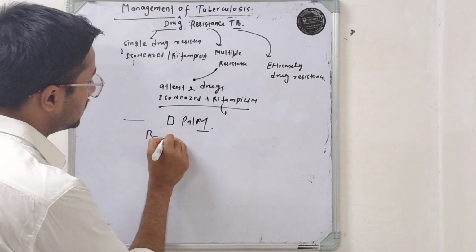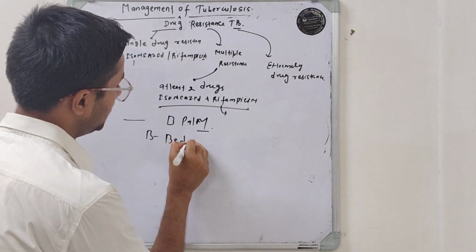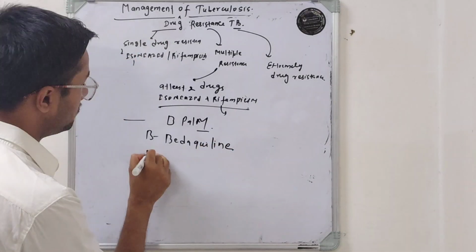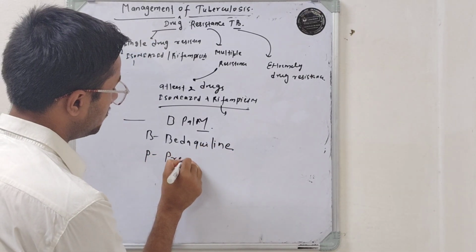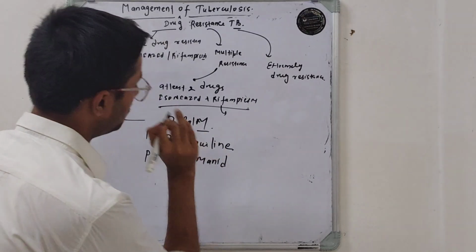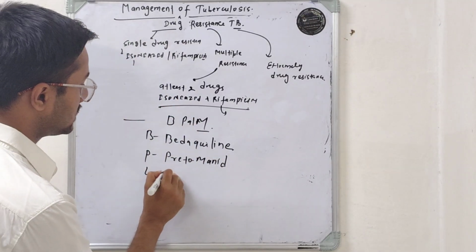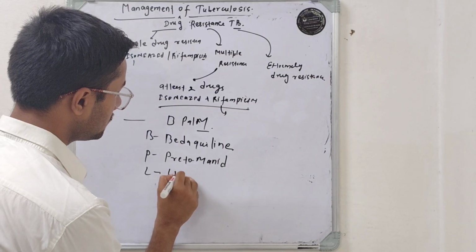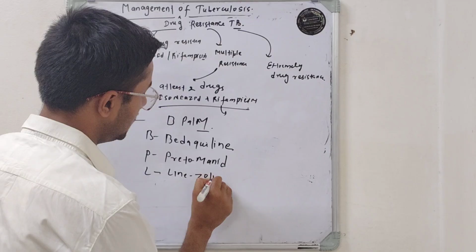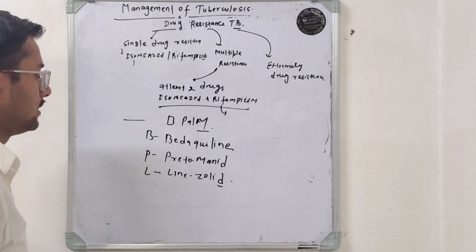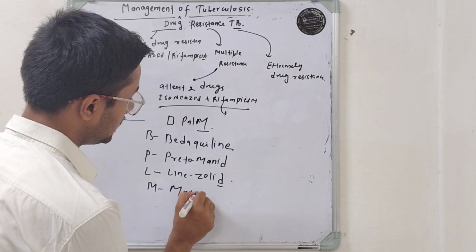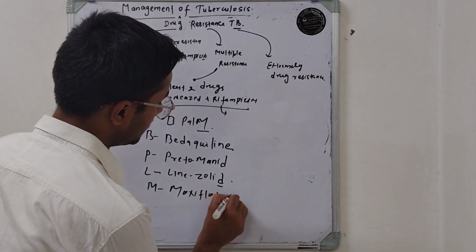B stands for bedaquiline, P stands for pretomanid, L stands for linezolid, and M stands for moxifloxacin.